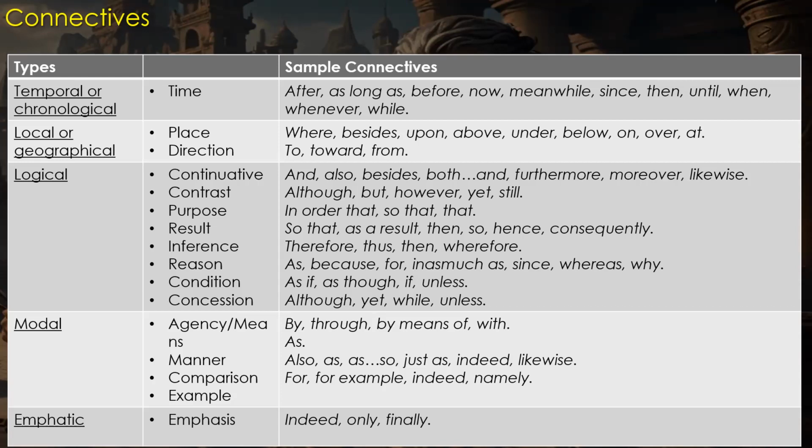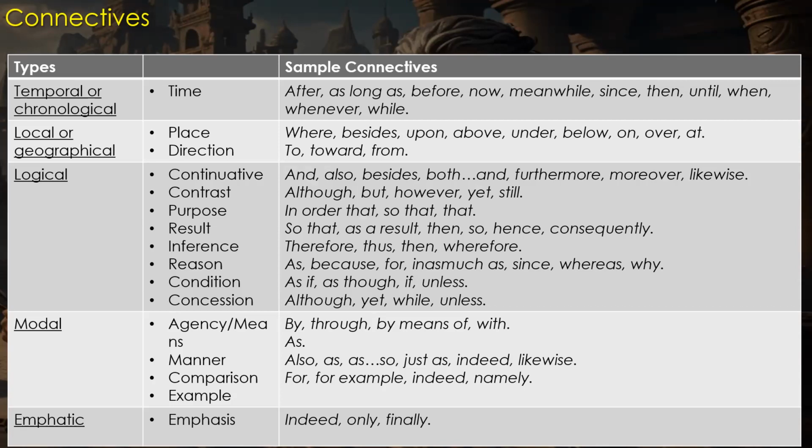So these are called connectives. They're little words that connect various nouns, phrases, or themes that are going on, and they have very particular purposes. These words sometimes are the most important words in a particular passage. So, temporal or chronological connectives.